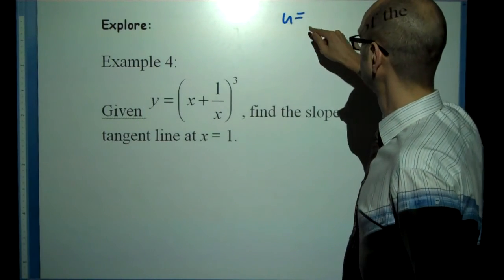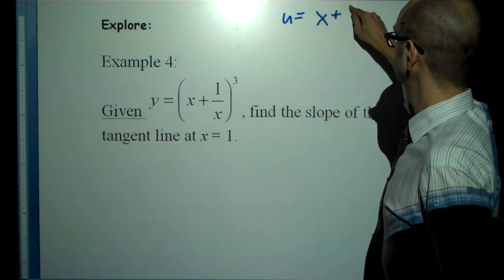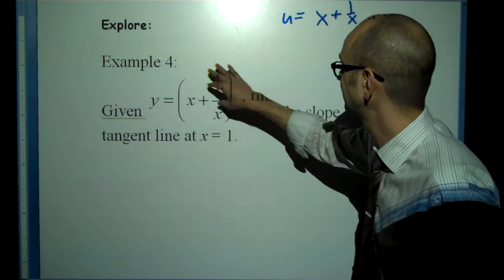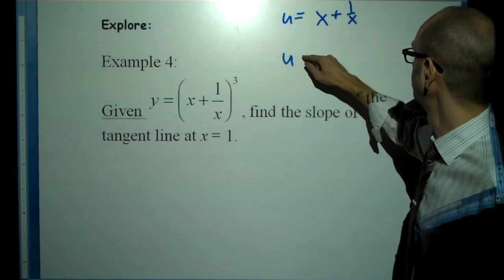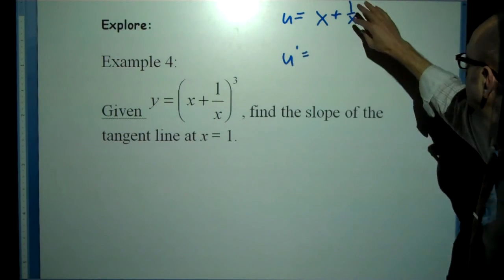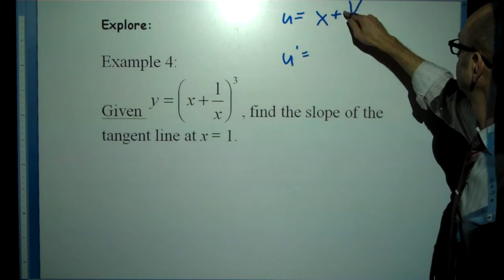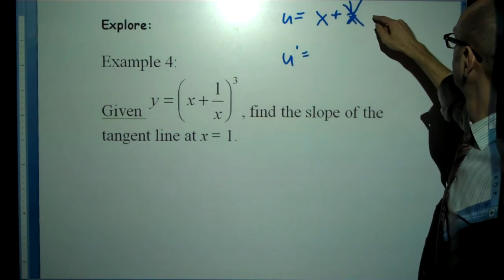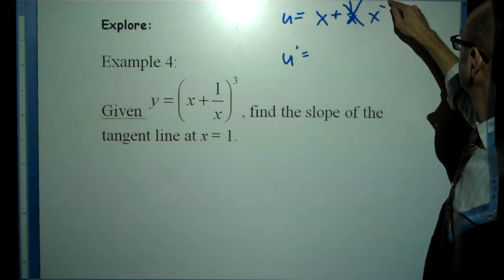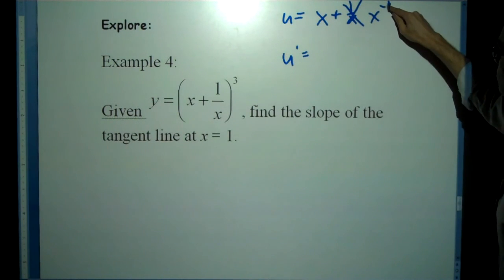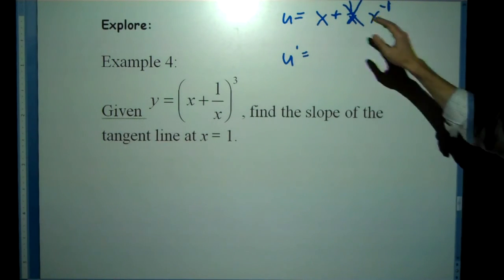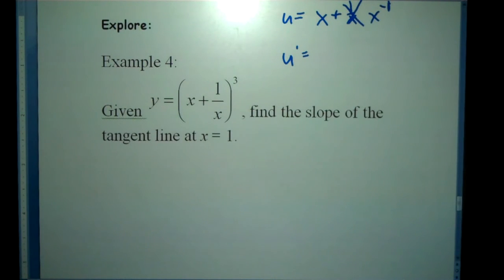We've got u is equal to x plus 1 over x. The derivative of that is actually a little bit tricky because this could basically be written as x to the negative 1 power. So we have x plus x to the negative 1.